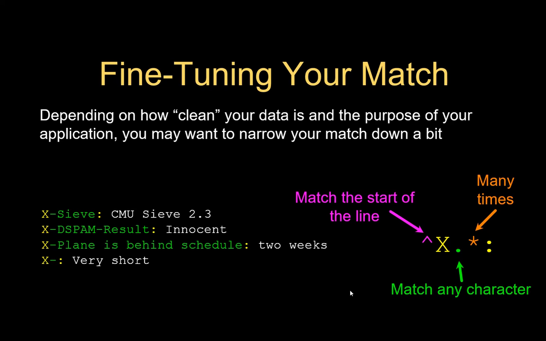The idea here is that we can fine tune our search, and based on how clean our data is, we can plan accordingly, and we can strategize our search criteria based on the environment that we are dealing with.